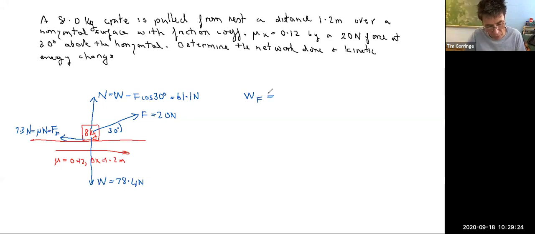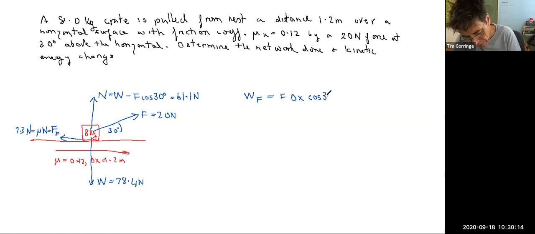Okay, so first one, let's calculate the work that's done by that force F that is actually responsible for pulling the crate across the floor. The work done by the force F is the magnitude of the force times the displacement, delta x, times the cosine of the angle between the force vector, which is 30 degrees above the horizontal, and the displacement, which is in the horizontal.